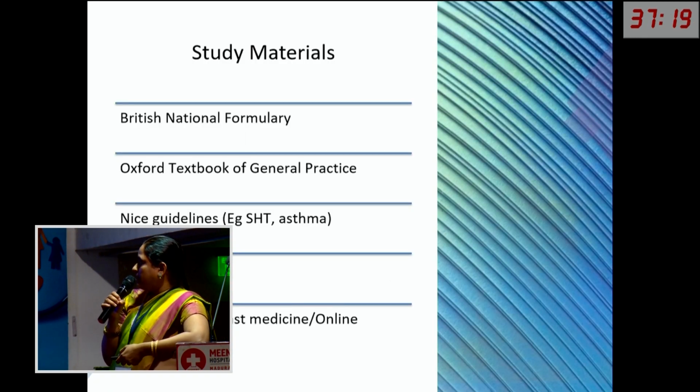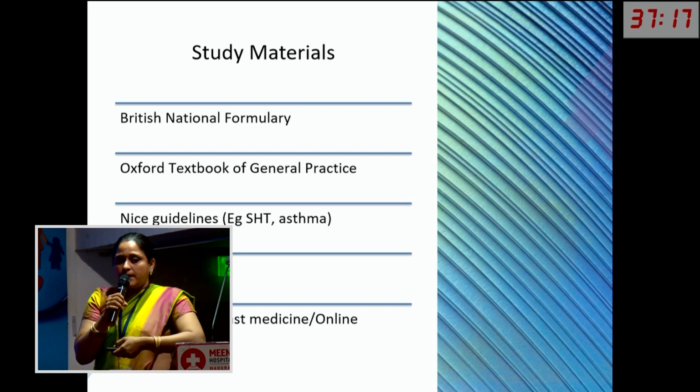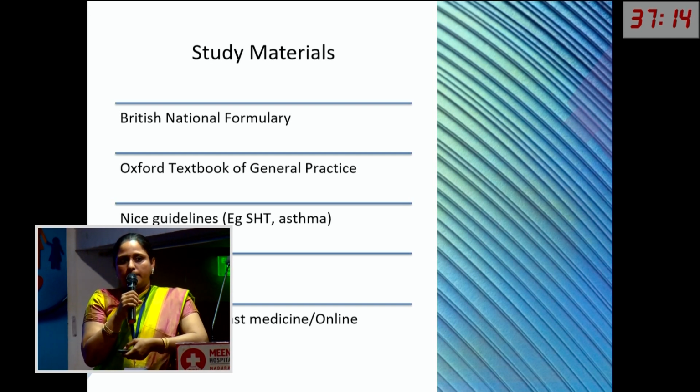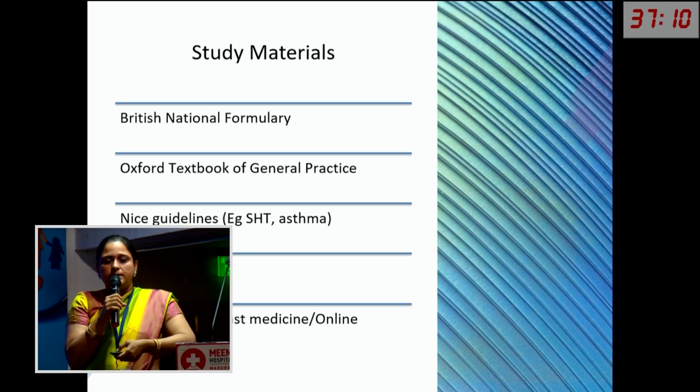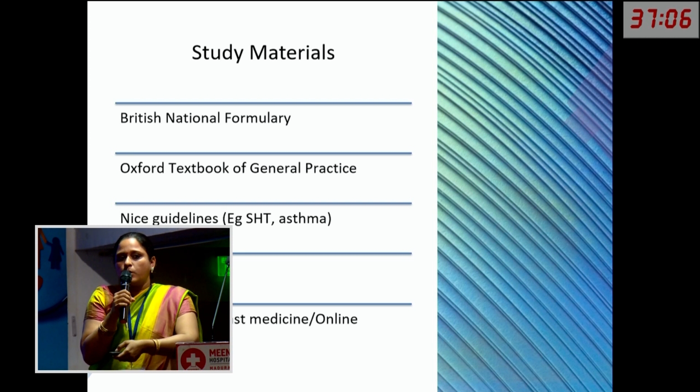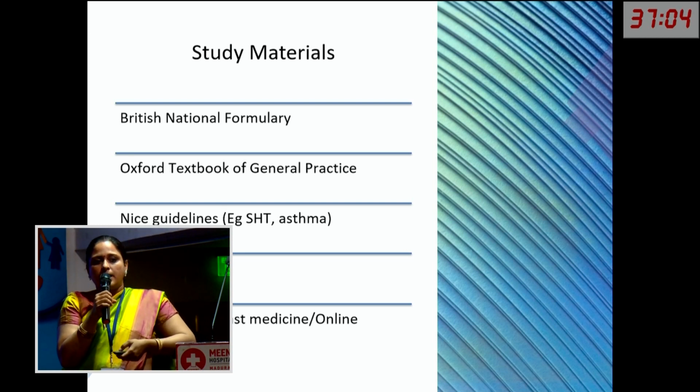For study materials, I studied the Oxford Handbook of General Practice. I went through the NICE guidelines for chronic diseases like diabetes, COPD and asthma, and the WHO guidelines. In MRCGP International, they will ask questions about endemic diseases as well. So do not think you will not get questions on malaria or tuberculosis.